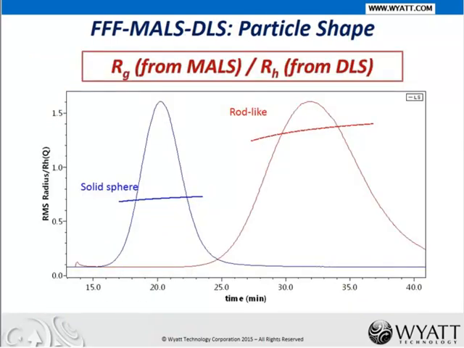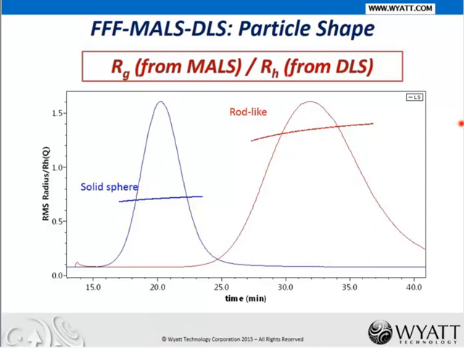When we add dynamic light scattering to FFF-MALS, then we can measure the shape of the particle. So MALS will allow us to measure the mass average, the radius of gyration, or RG, and dynamic light scattering allows us to measure the hydrodynamic radius, or RH.